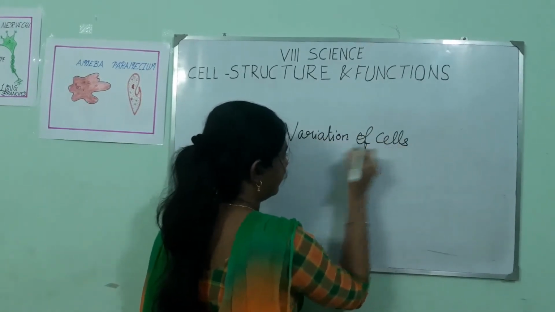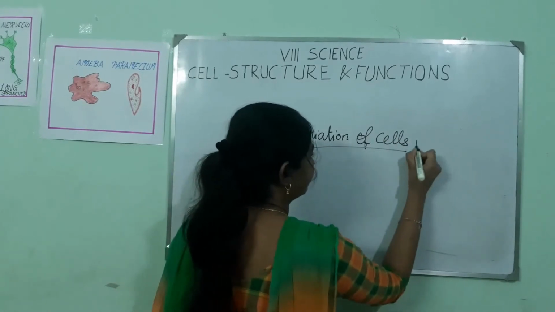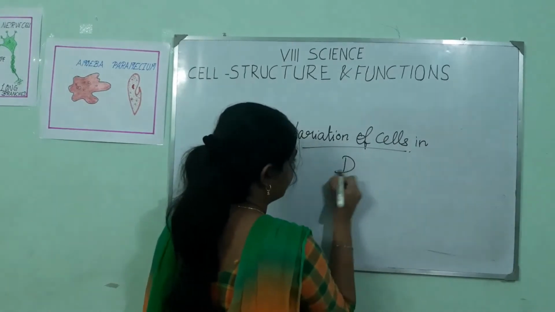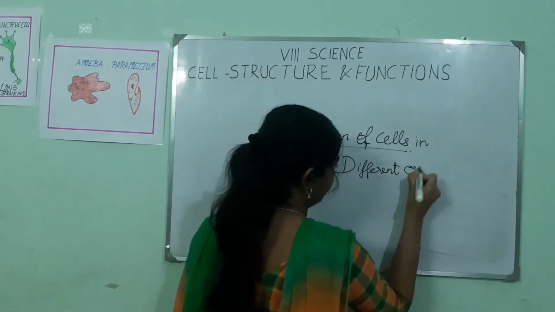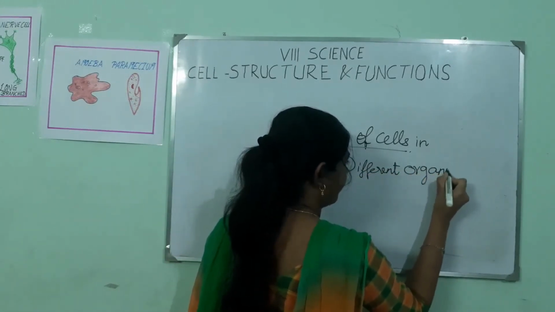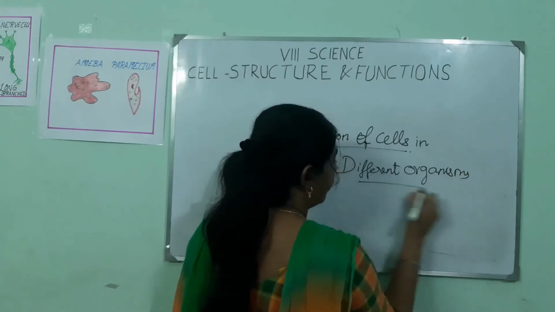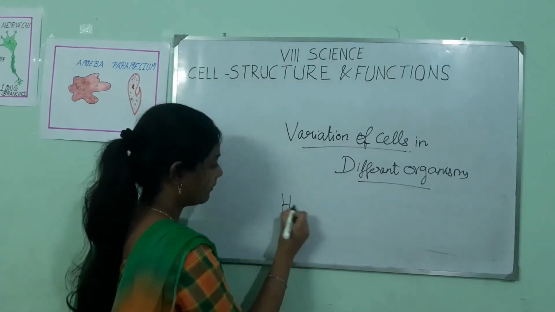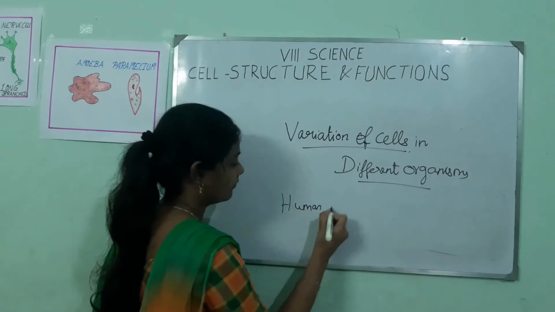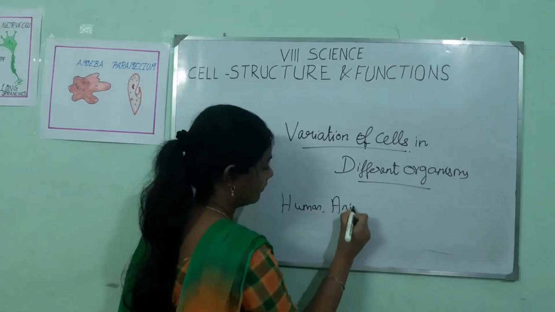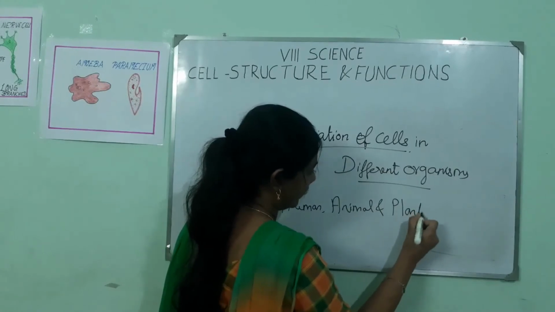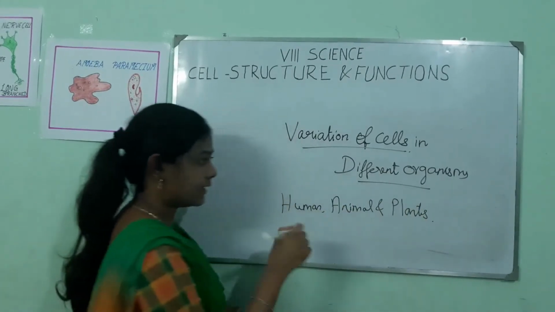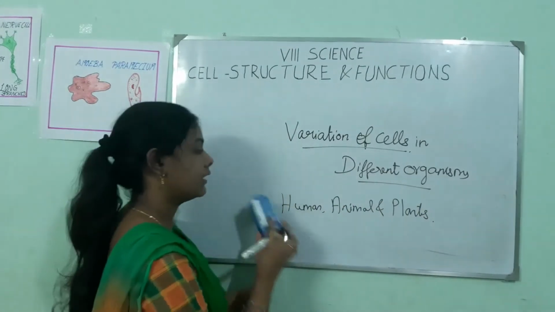in different organisms. Although human, animal and plant are all living organisms, the cells inside them differ in 3 categories.